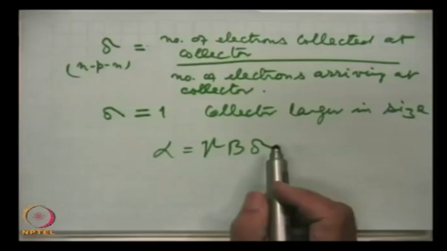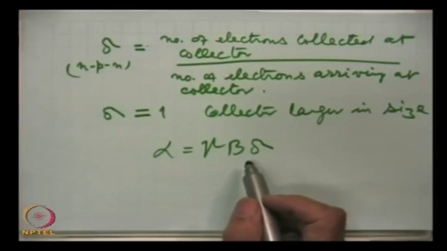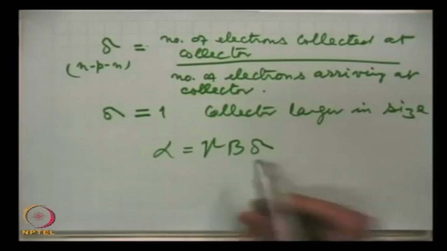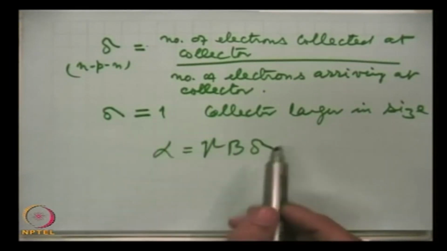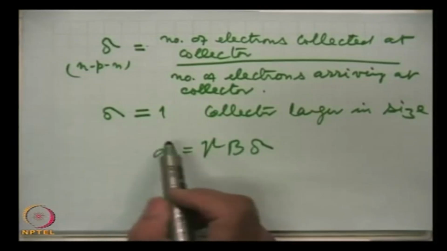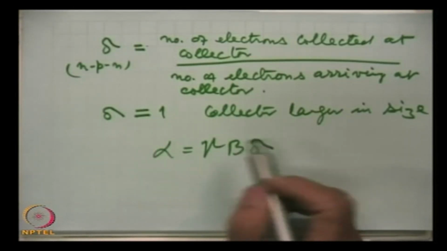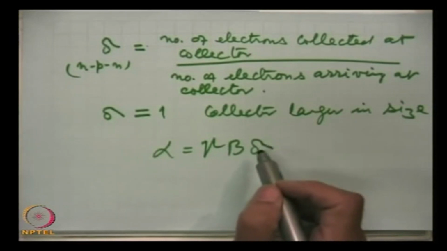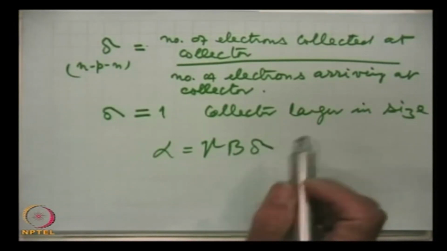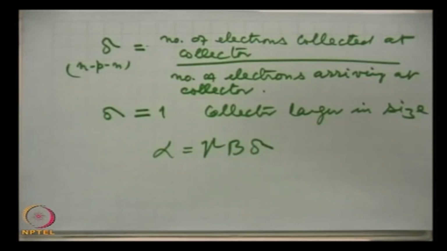And of course, the collector efficiency is always closer to 1 for well designed transistors, because there is no loss of electrons. The size of the collector is kept higher as compared to the others. So, this is about how we can assemble an efficient transistor.